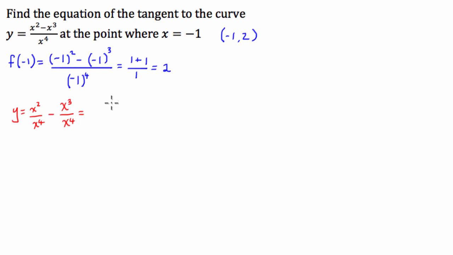Now this is going to be equal to x to the -2 minus x to the -1. Cool. So this is the representation which we're going to be differentiating here.